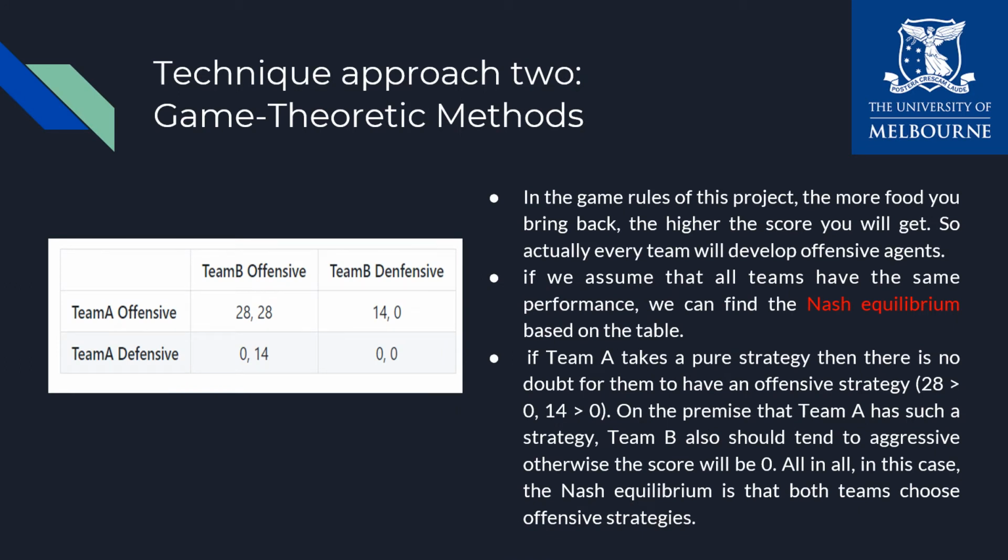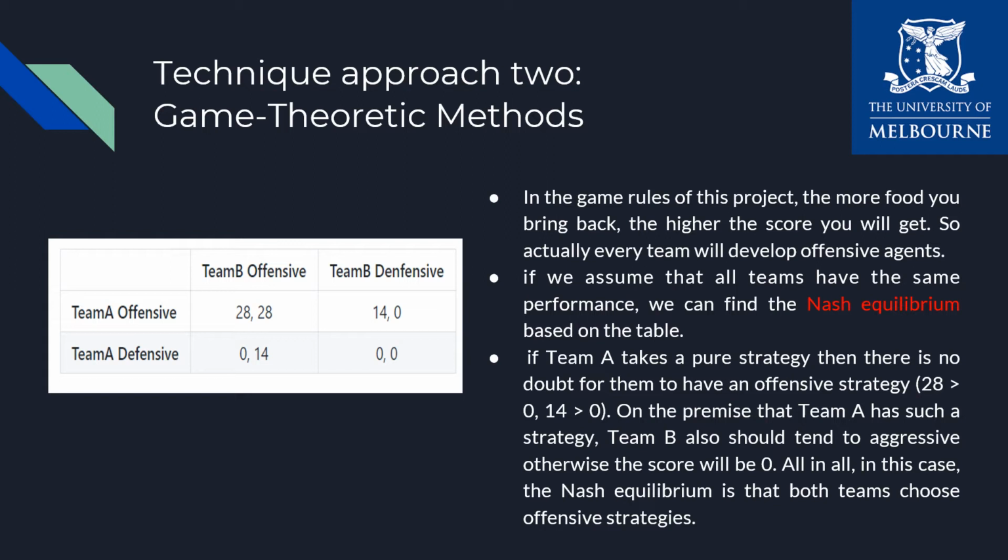Then, game theoretic methods are used to help us improve our winning rate. In the game rules of this project, the more food we bring back, the higher score we will get. Next, if we assume all teams have the same performance, from the table we can see if Team A takes a pure strategy, then there is no doubt that they should have an offensive strategy. On the premise that Team A has such a strategy, Team B should also tend to be aggressive, otherwise the score will be 0.